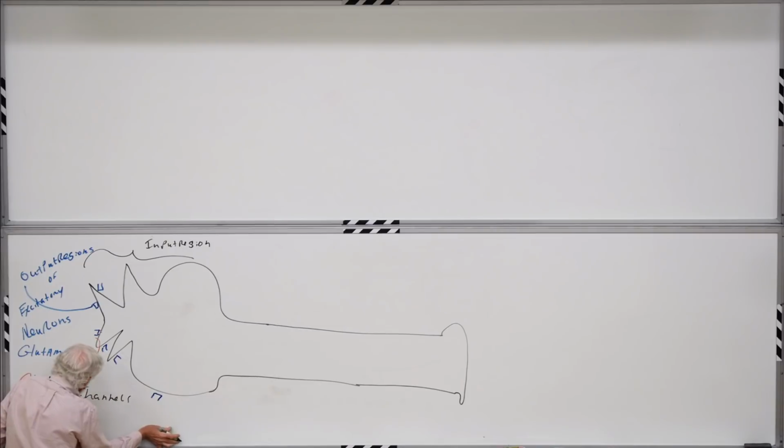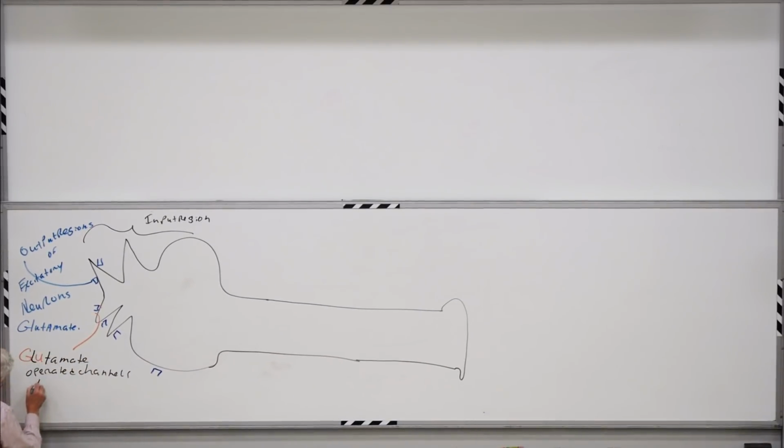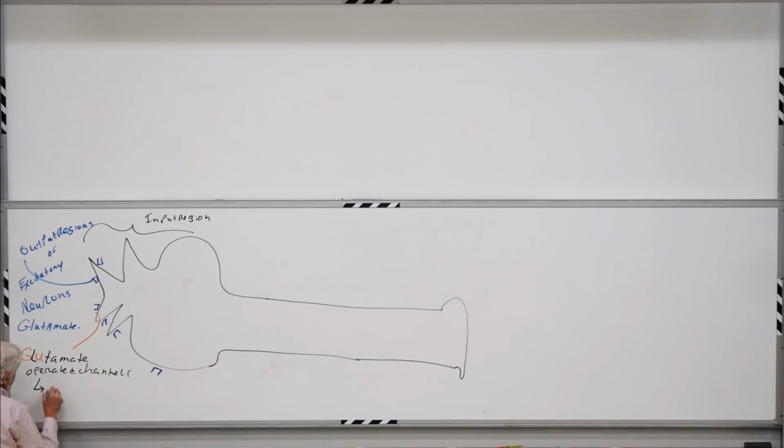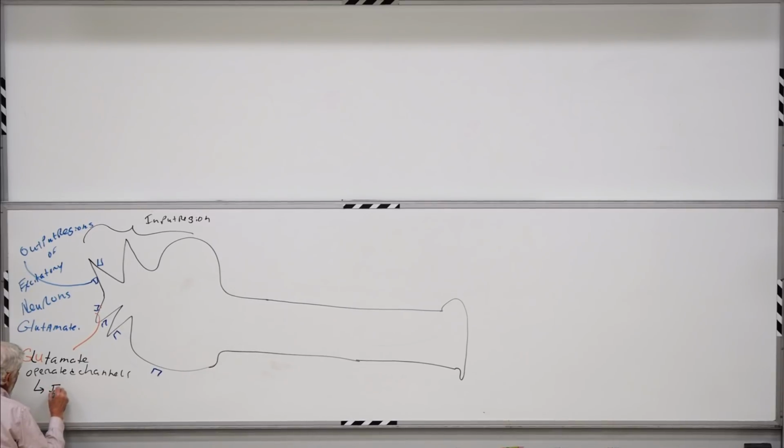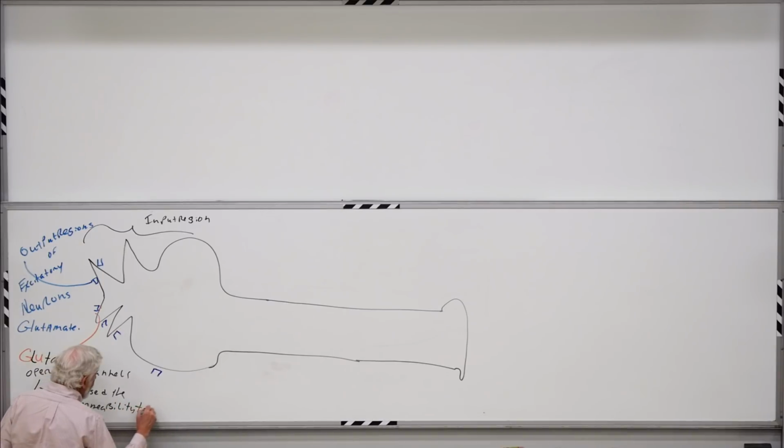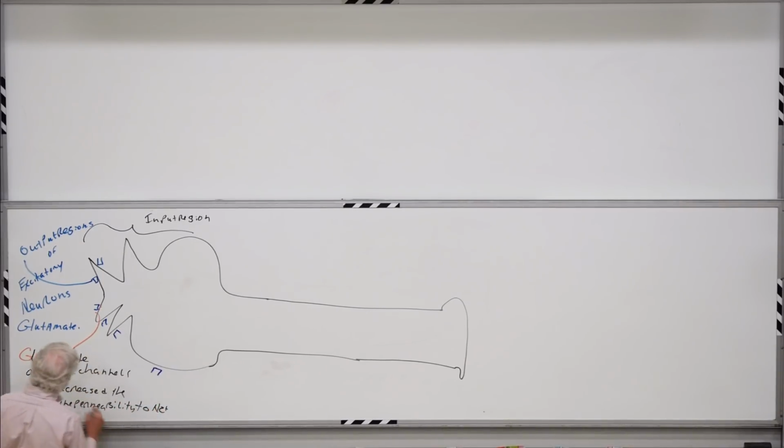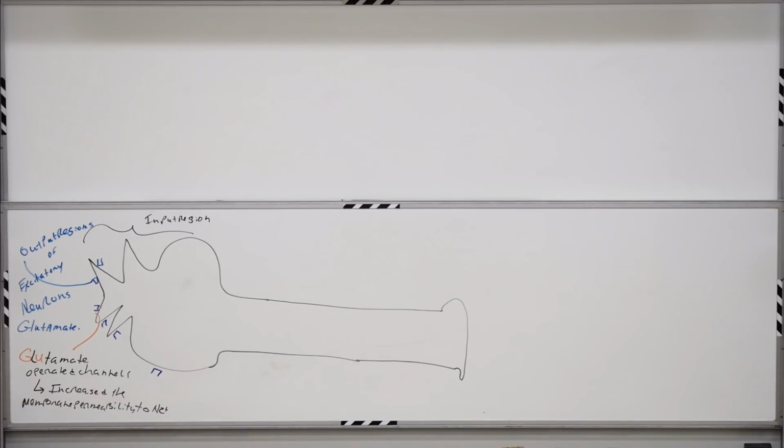And that the glutamate-operated channels now increased the membrane permeability to sodium. In other words, they opened a cation channel.